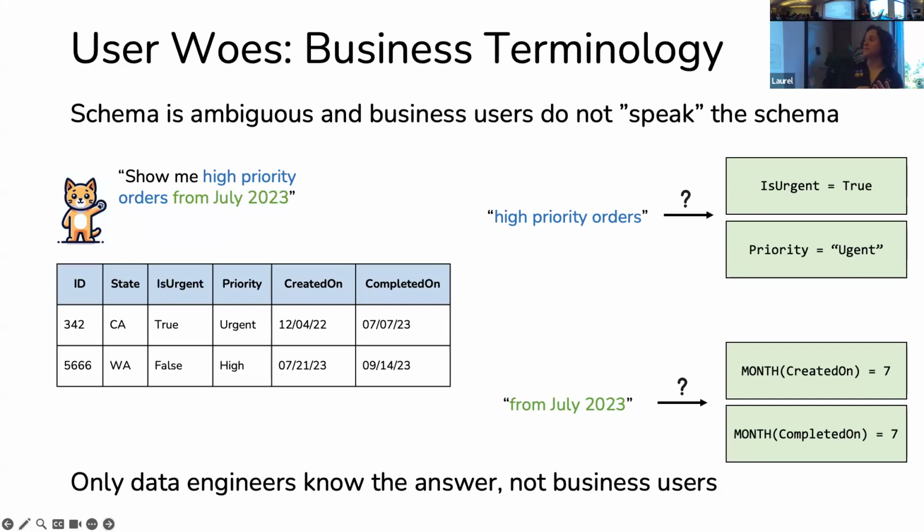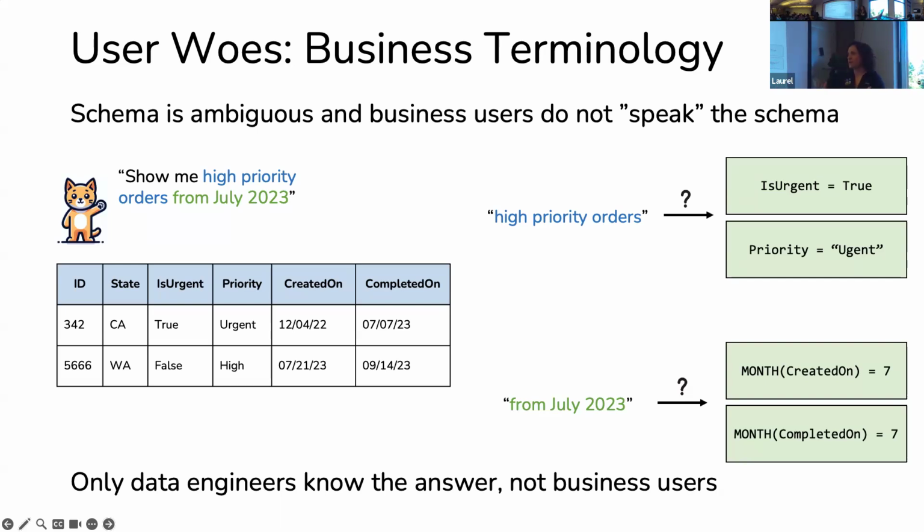And users are going to come in, for example, and this was almost taken from a real customer. They were saying, show me high priority work orders from July of 2023. Let's pretend we have a data set of work orders over different states, with some information about the urgency, priority, and dates.